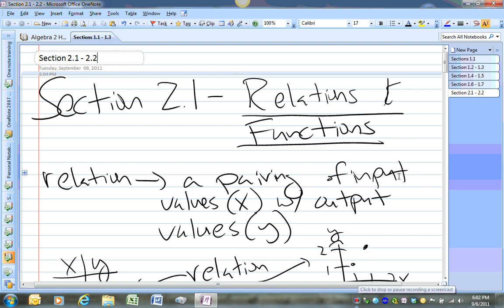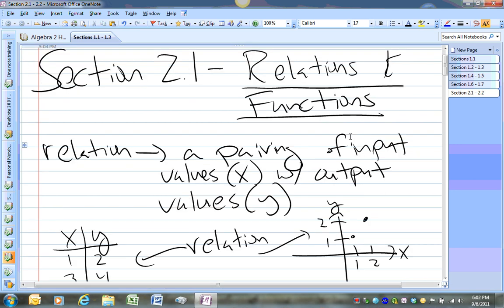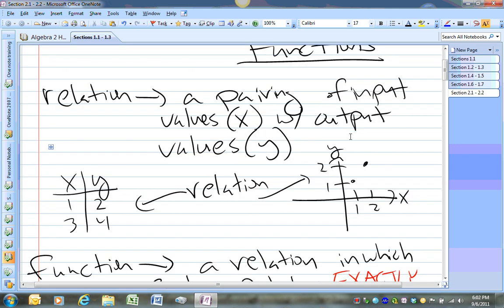So starting with section 2.1, that's about relations and functions. As you see here, a relation is a pairing of input values x with output values y. So it's just a chance for you to pair x and y values. That's it.